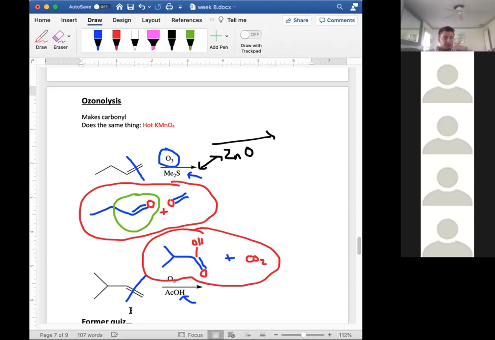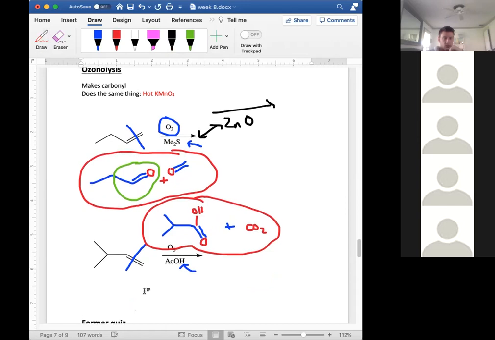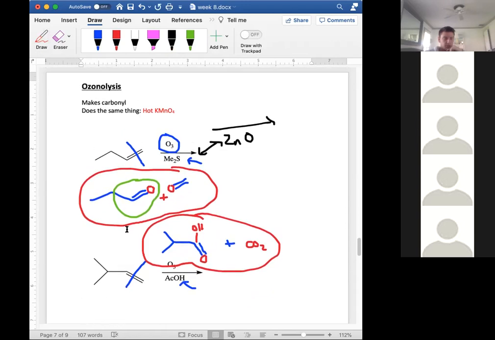Someone in my previous section thought this was super confusing. Is there anybody here that's confused on how we're getting this product? Or are you guys good? Confused a little on the second one.